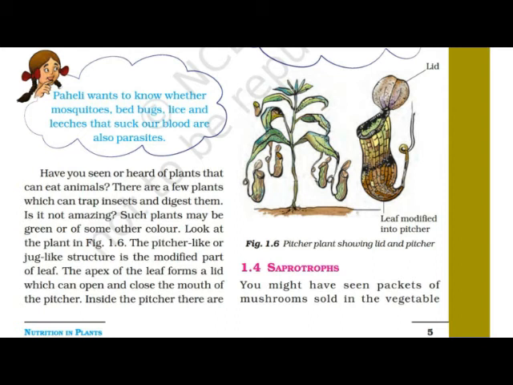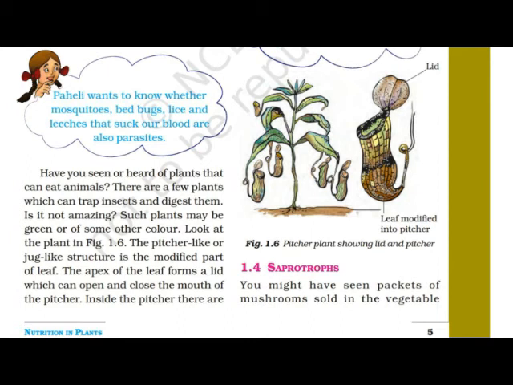It's an interesting question. But now I would like to answer it. Mostly these pitcher plants grow in areas where the proportion of nitrogen is less. It means the pitcher plant grows in soil where the nitrogen proportion is low or absent.